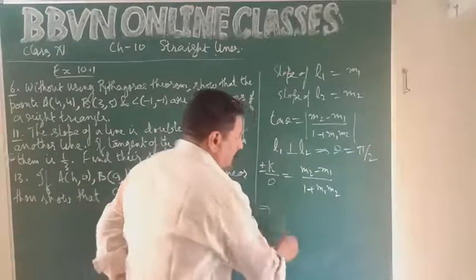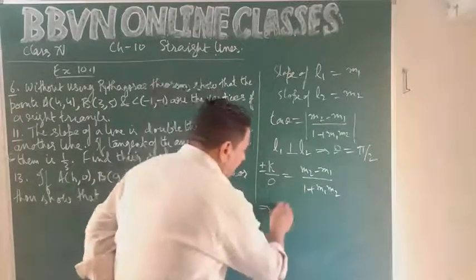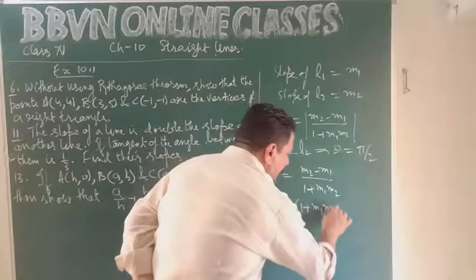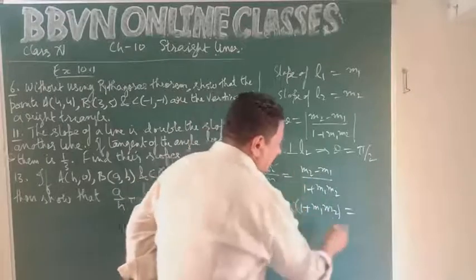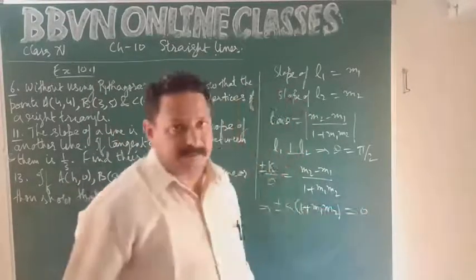Now go for cross multiplication. Plus or minus k multiplied by (1 plus M1 M2) is equal to 0. Now I divide both the sides by plus or minus k.